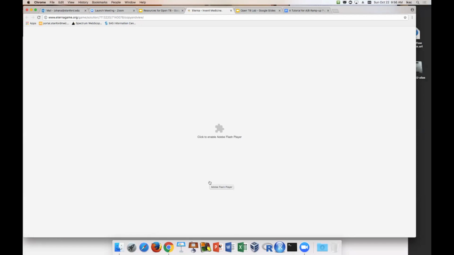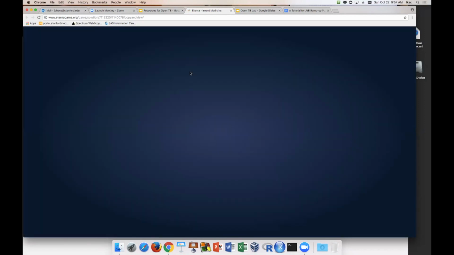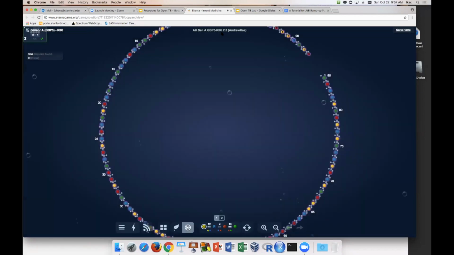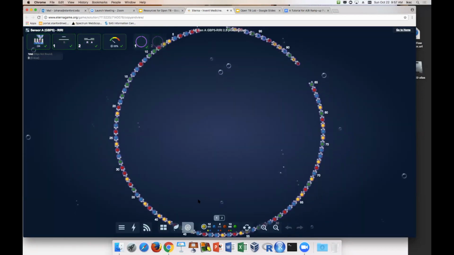puzzle on EteRNA. Let's click the enable. Okay. Well, that's loading up. Okay.